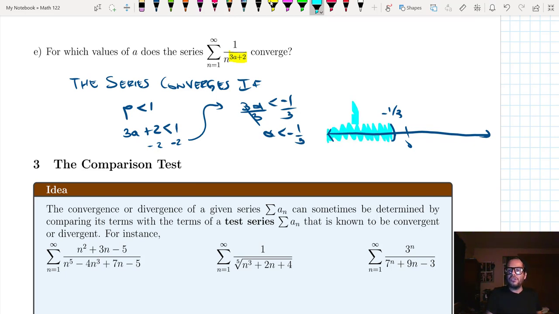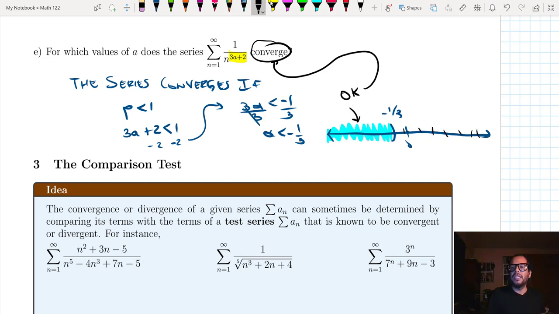Whatever value you choose for a within this shaded region will be okay, in a way that the series converges. Okay, if you choose any value like negative 0.111, 0, 1, 2, any value within this interval I'm shading in purple actually, the series will diverge.